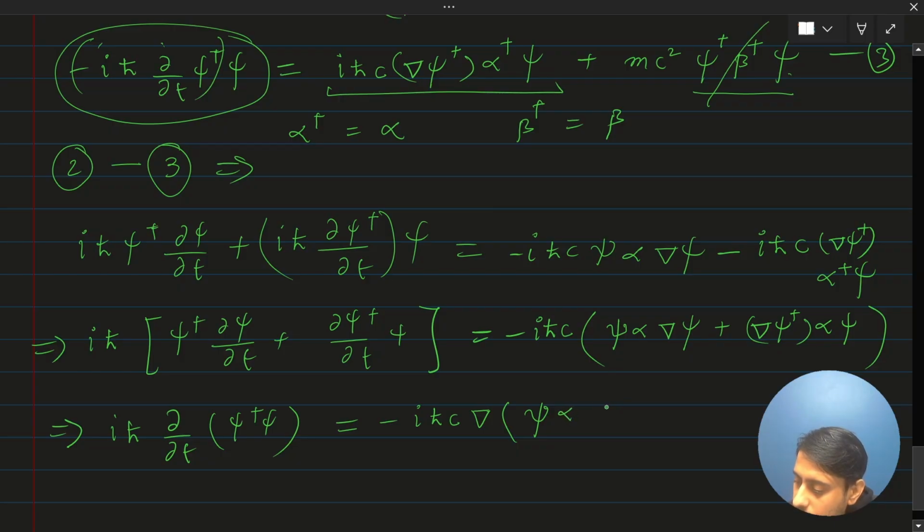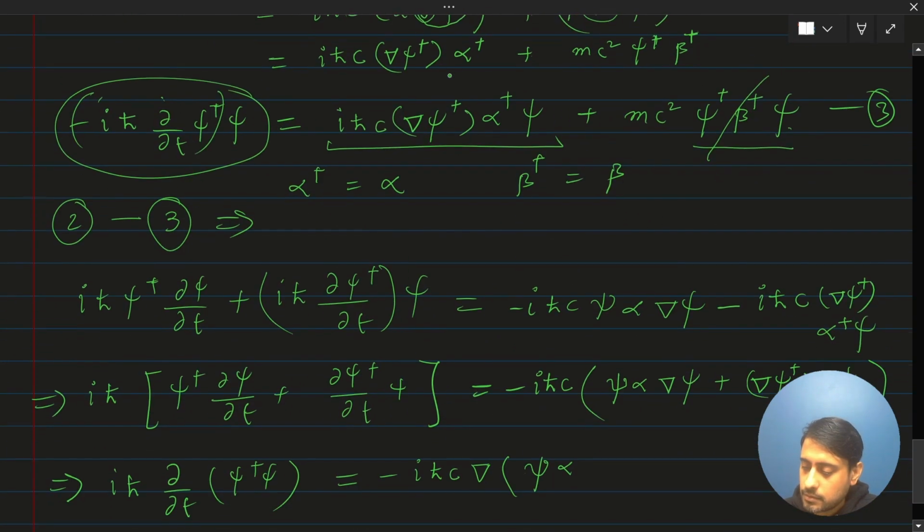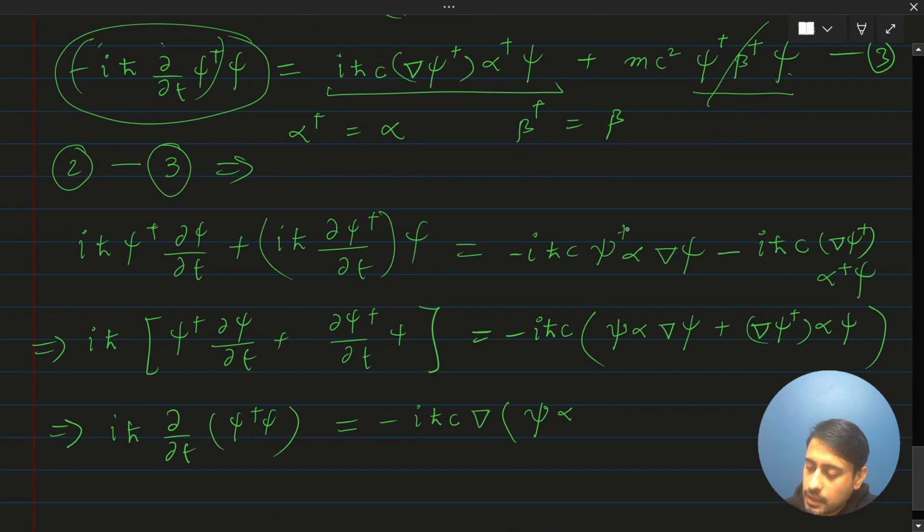I think there was a ψ† and we have not written it. The first was with a dagger, so this must have a dagger: ψ† ψ.